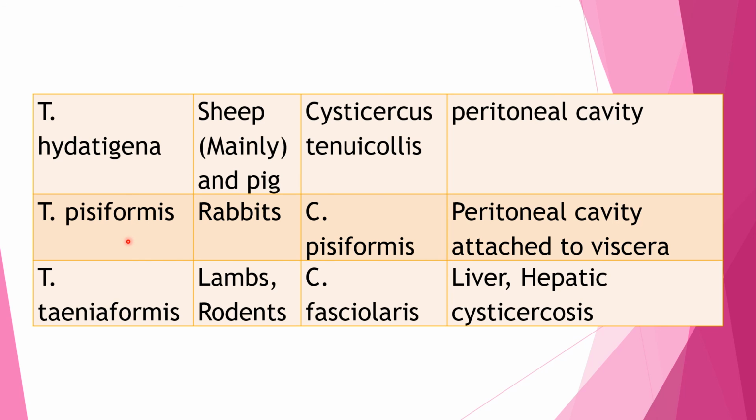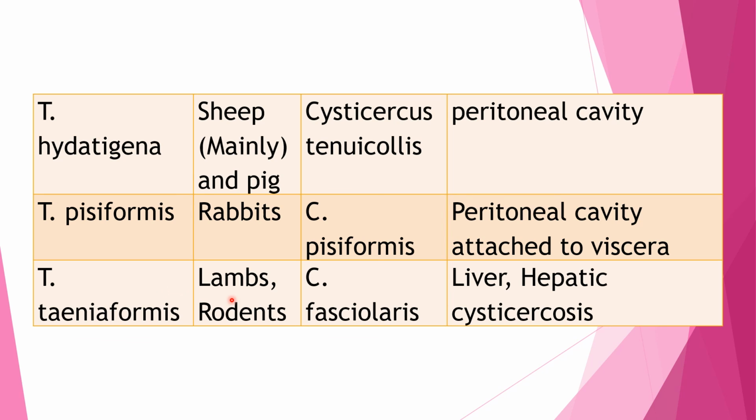Fifth, Taenia pisiformis. Intermediate host, rabbits. Cysticercus pisiformis. The cyst is found in the peritoneal cavity attached to the viscera. Sixth species, Taenia taeniaeformis.